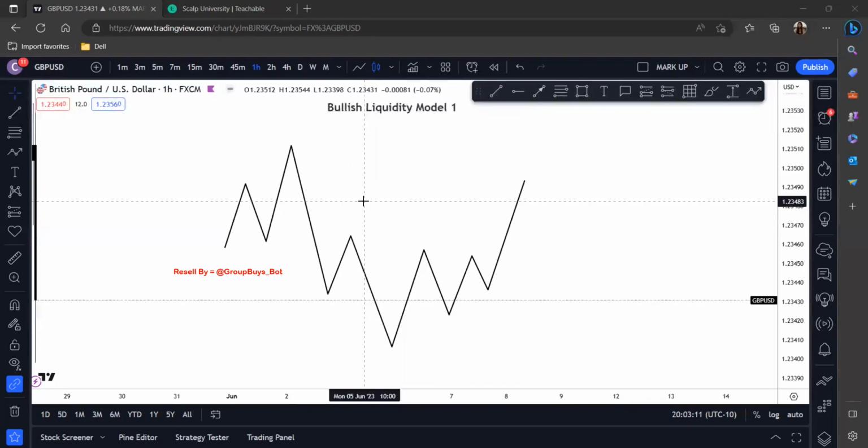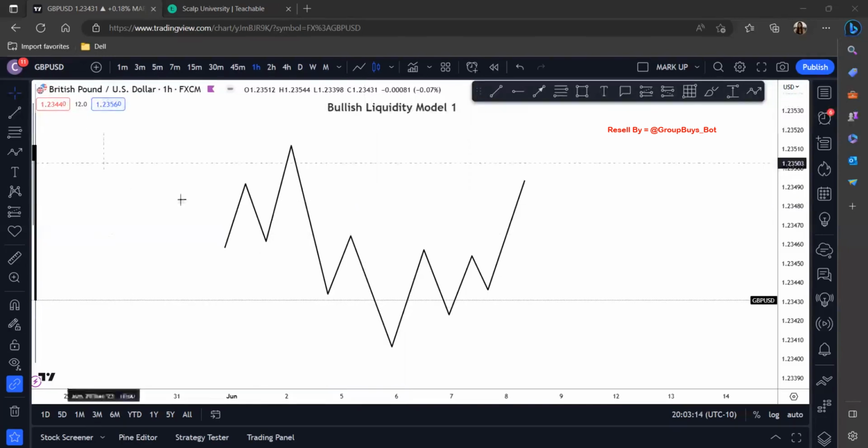So with this first bullish liquidity model, we do see that price had broken structure right here.